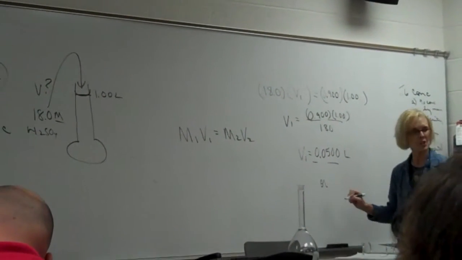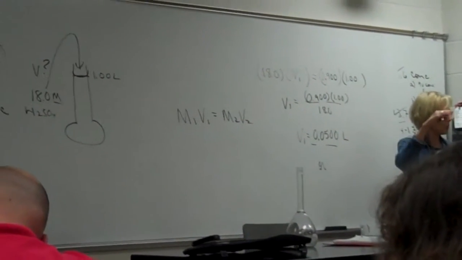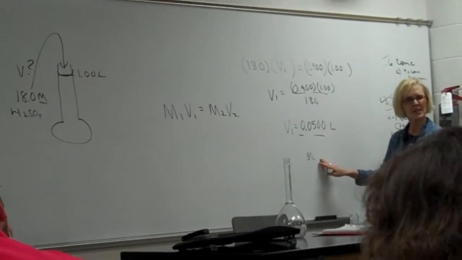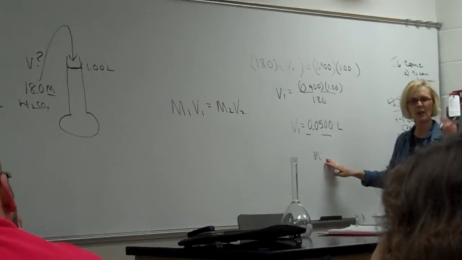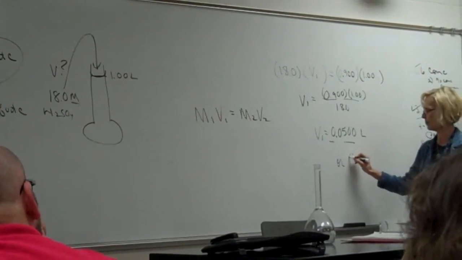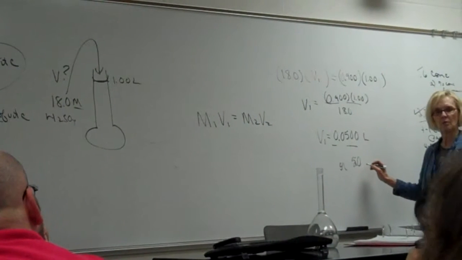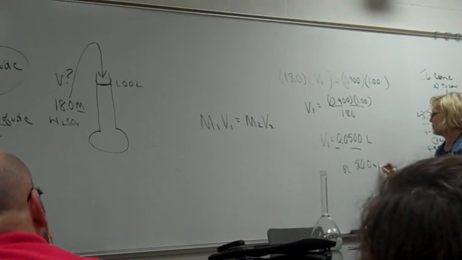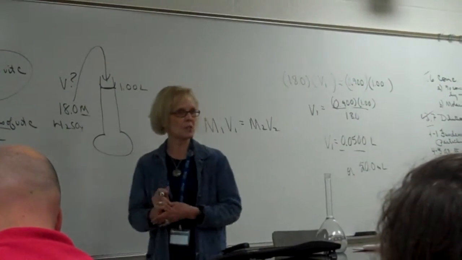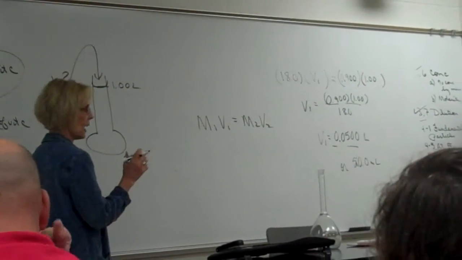But our graduated cylinders, our little ones, aren't measured off in liters, they're measured off in milliliters. So what is this in milliliters? Anybody, just shout it out. Metric conversion, how fast can you do it? 50.0 mils.